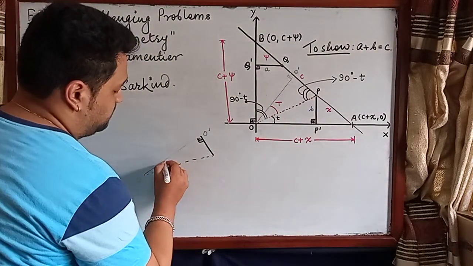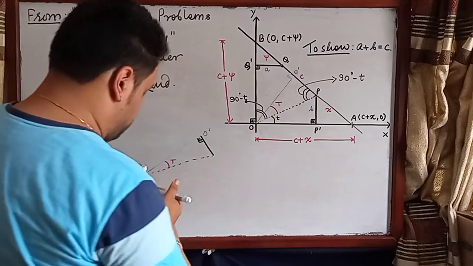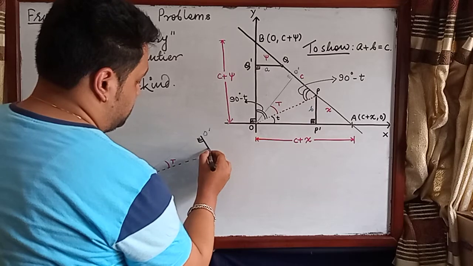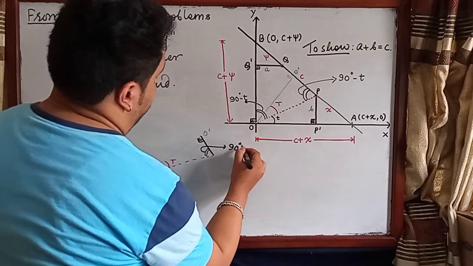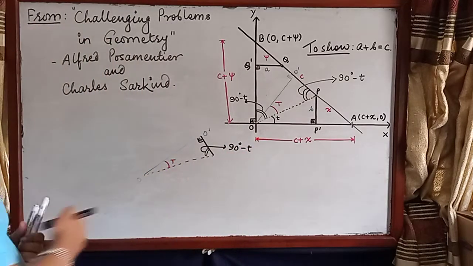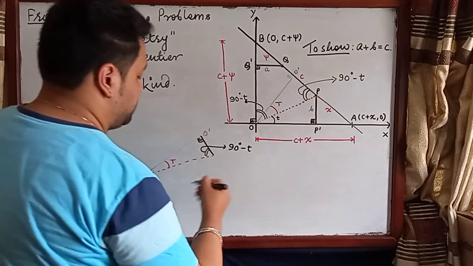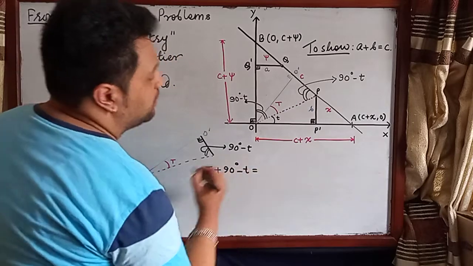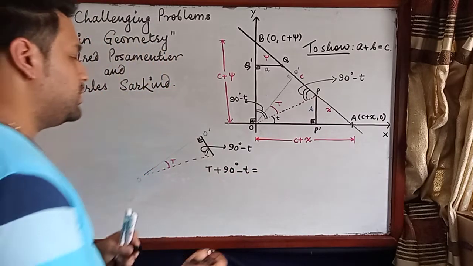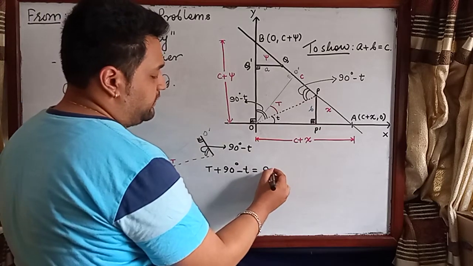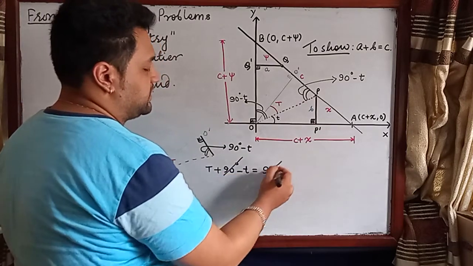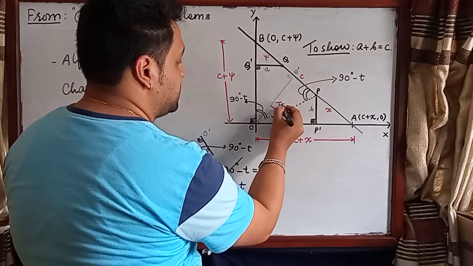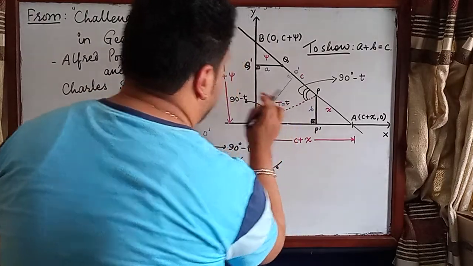This angle is T. This angle is 90 degrees minus T. And since this angle is 90 degrees, the sum of T and 90 degrees minus T will be equal to 90 degrees. This 90 will cancel this 90. As a result, we get T is equal to T. So these two angles are equal.